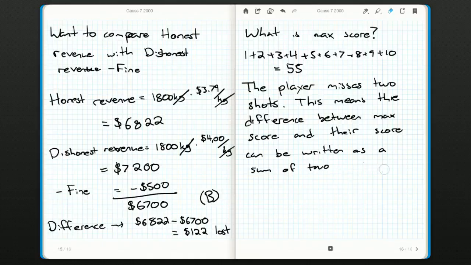Can't sink the 4 ball twice, or can't miss the 4 ball twice.